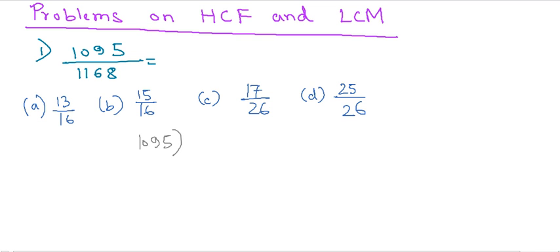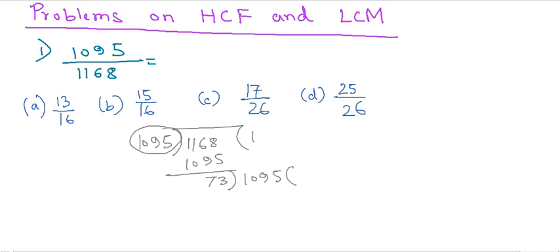For finding out the HCF, we have to divide the larger number by the smaller number. So we have here 73. We will bring this 1095 here, and so we have here, 73 fives are 365.